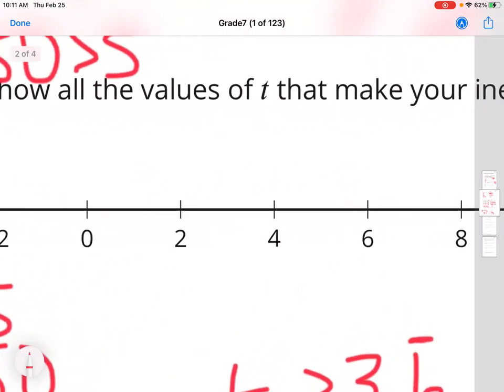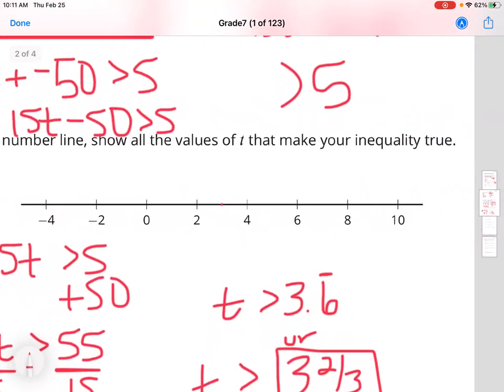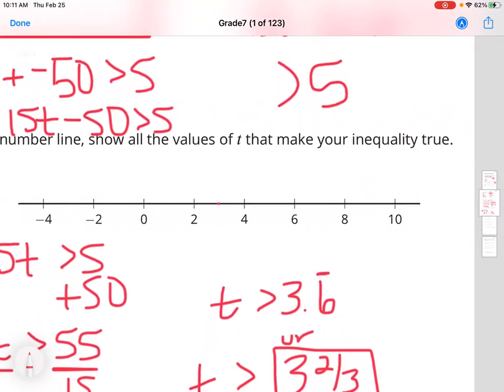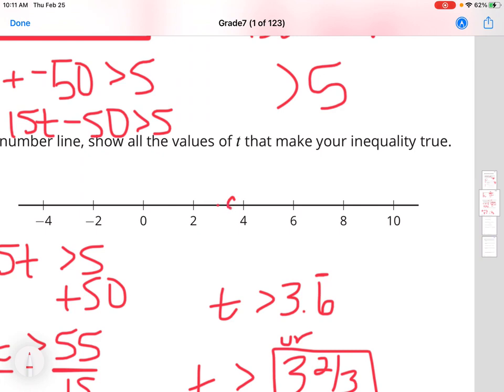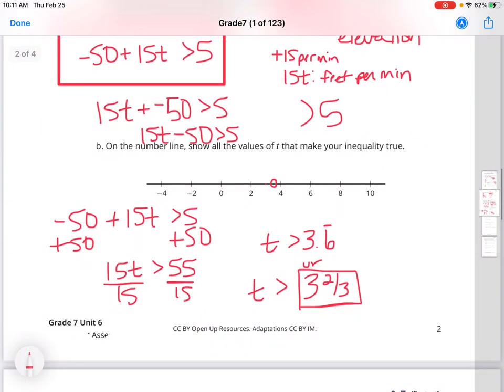So I know halfway between 2 and 4 would be 3. So I need to go a little over halfway past that for 2/3. So I'm going to put my circle here. So I know my circle would be at 3 2/3.